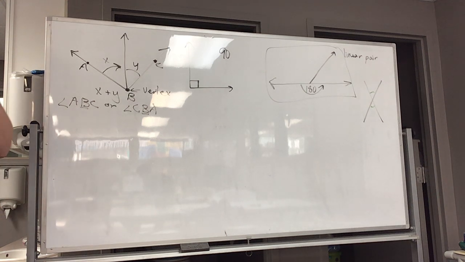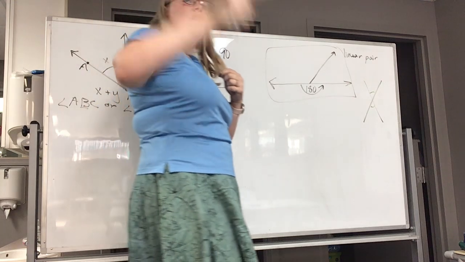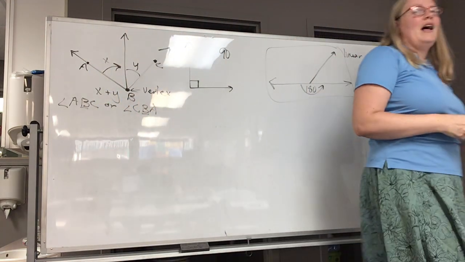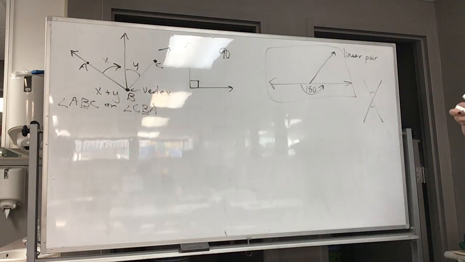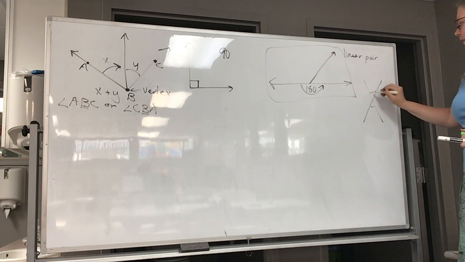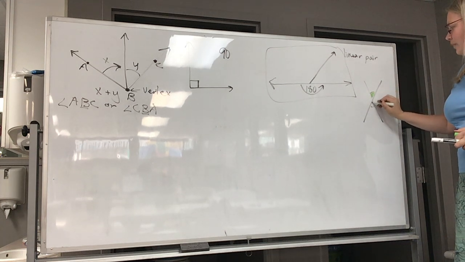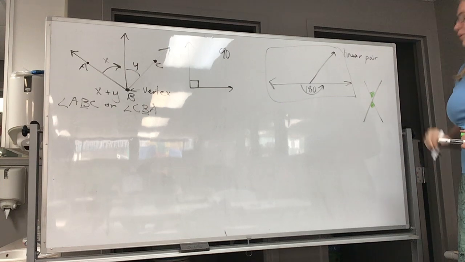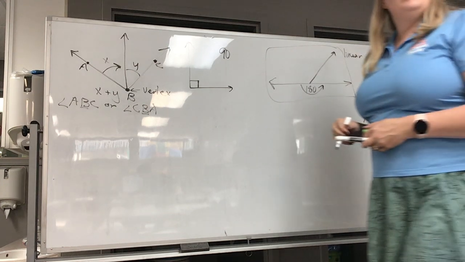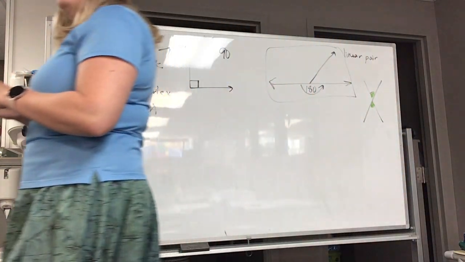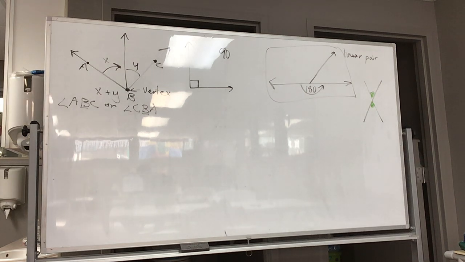They're the same. Vertical angles? They're called vertical angles, and they are the same measure. They're the same size. If one gets bigger, the other gets bigger. If one gets smaller, the other gets smaller. I call them bow tie angles, because that's what my brain sees when I look at them. But those are going to be congruent, or the exact same measure. And so that is something that we can use a lot.